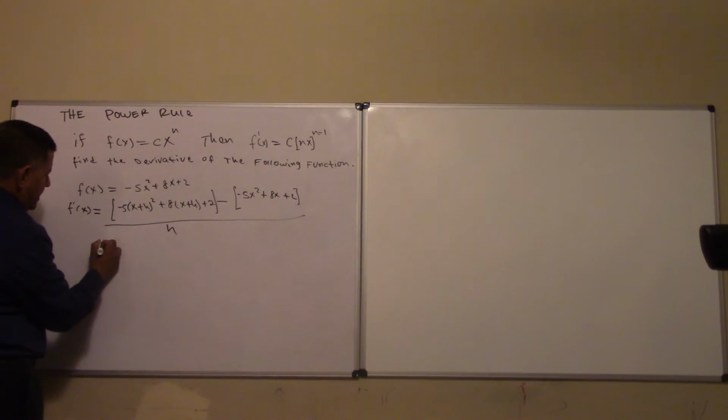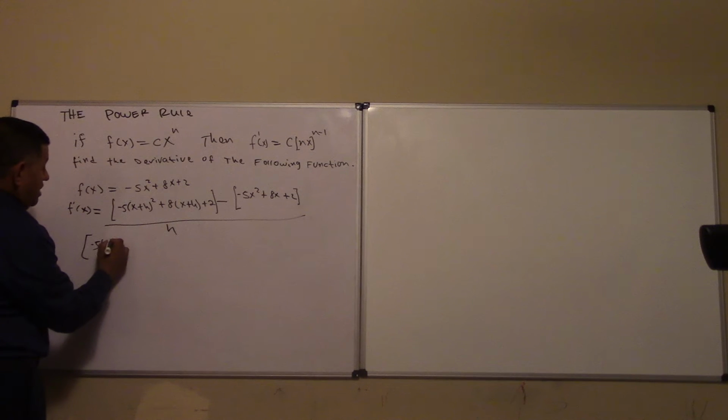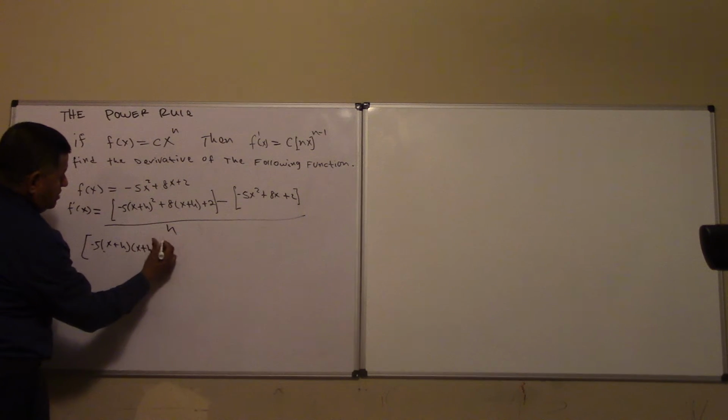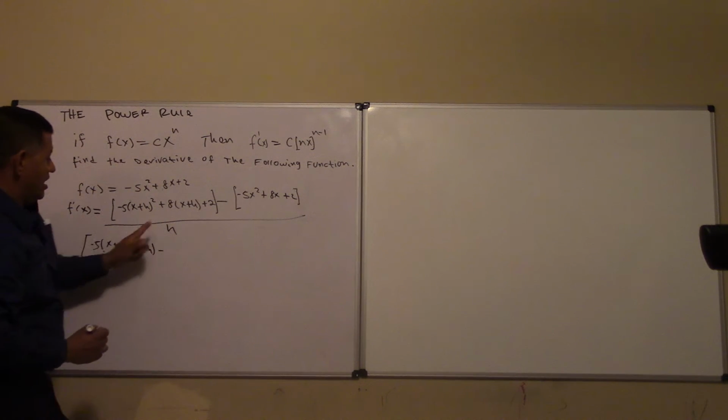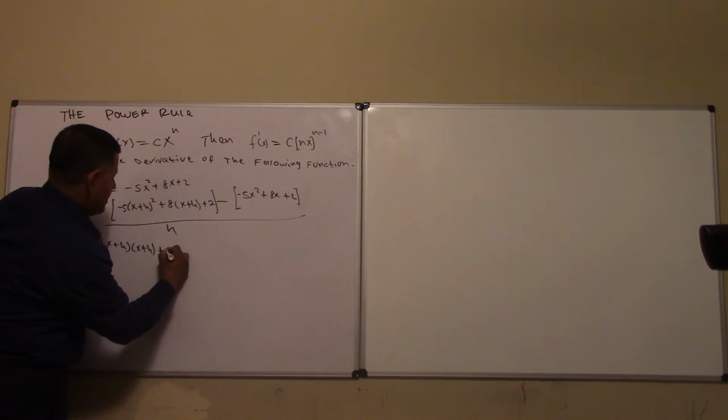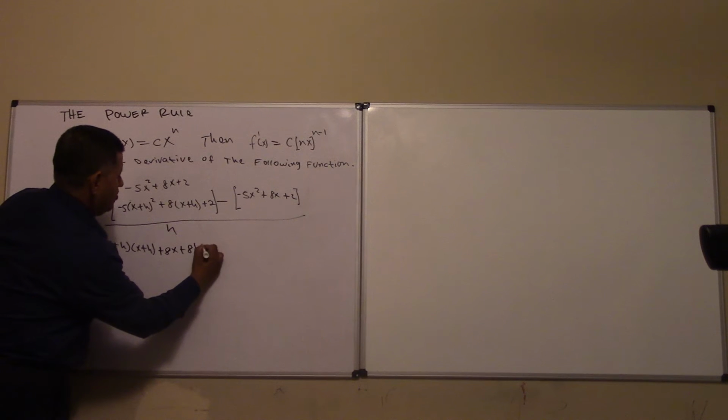I want to keep that negative 5, and I want to do x plus h times x plus h. Then I distribute the plus, and I get 8x plus 8h plus 2.